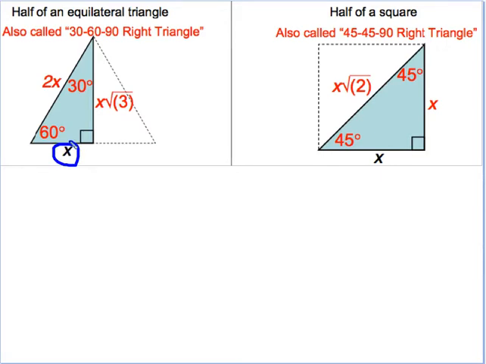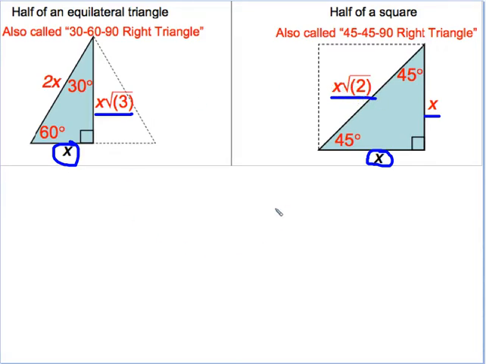So if our short leg is x, then the long leg is always x times the square root of 3, and the hypotenuse is always 2x. And with the 45, 45, 90, if one leg is x, the other leg is also x, and the hypotenuse is x times the square root of 2.